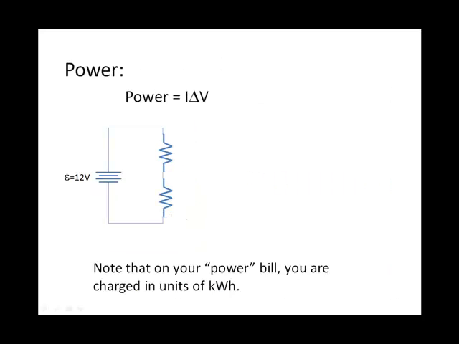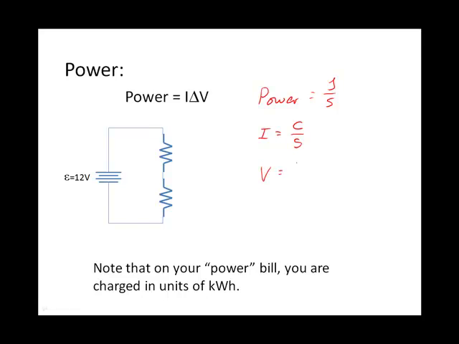Okay, now one more quick relationship is power. What is the power through a circuit? Well, something to remember is the units of power are joules per second. If you look at the units of electrical current, remember that electrical current is how many coulombs of charge go by every second.